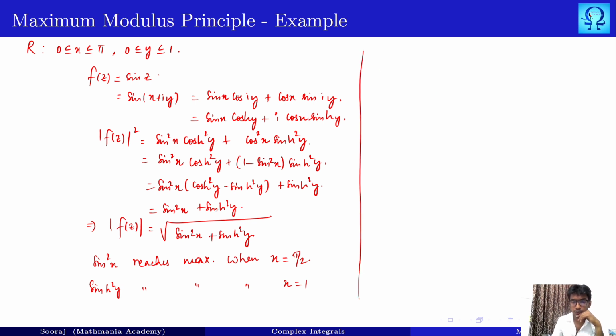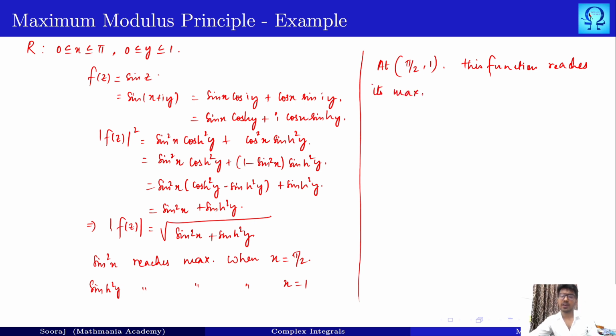So at the point (pi by 2, 1), this function reaches its maximum. So we have proved the result for the maximum value, and an important point I would like to record is that these results are true for the minimum values as well. That I leave as an exercise to you. Thank you.